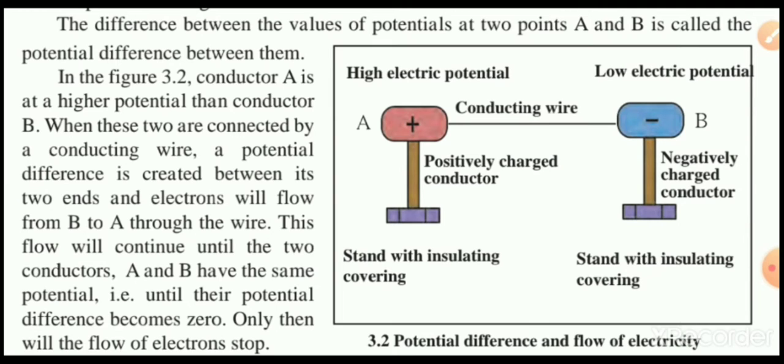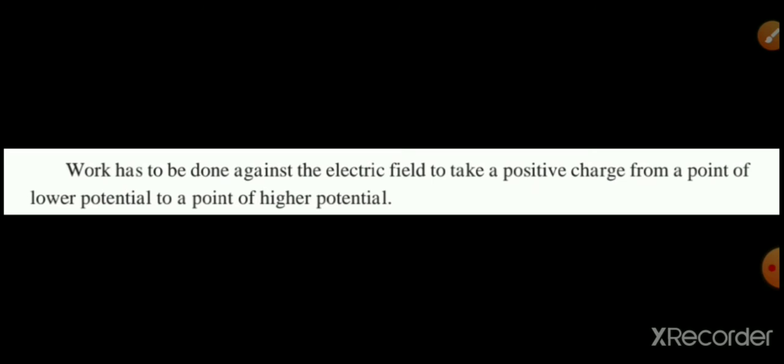This flow will continue until the two conductors A and B have the same potential, that is, until their potential difference becomes 0. Only then will the flow of electrons stop. You can see in the diagram there is A and B, positively and negatively charged, and a conducting wire is there. Work has to be done against the electric field to take a positive charge from a point of lower potential to a point of higher potential.